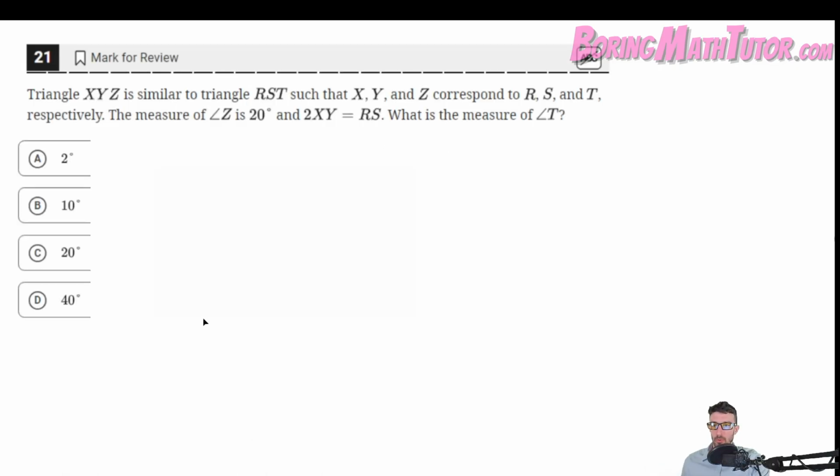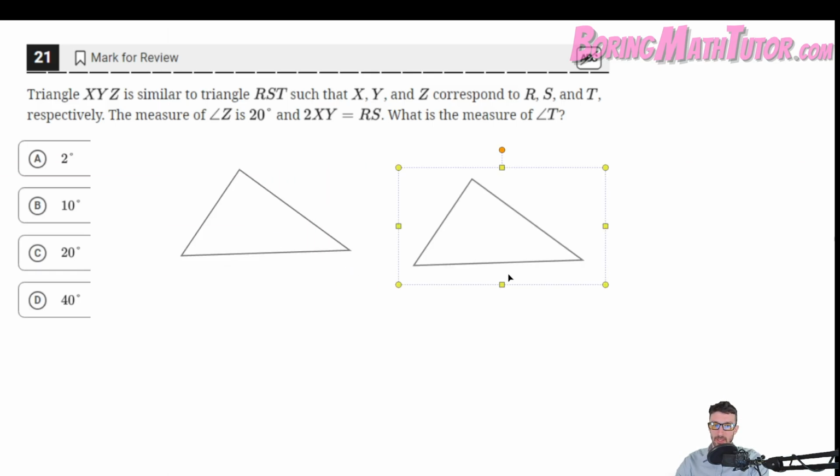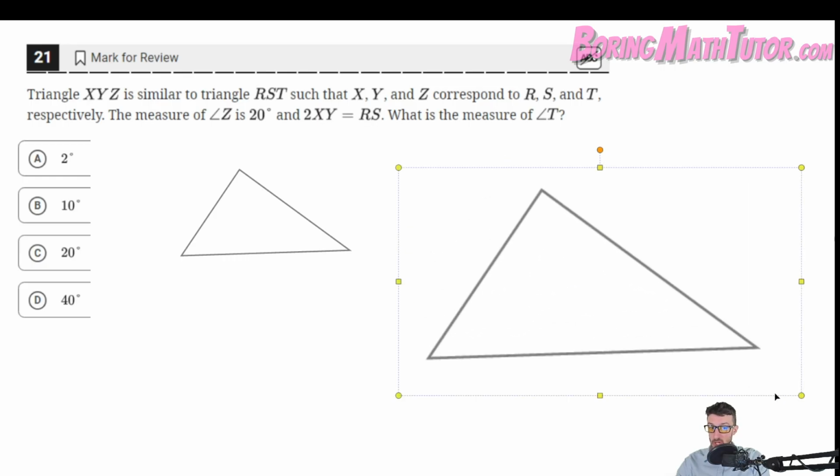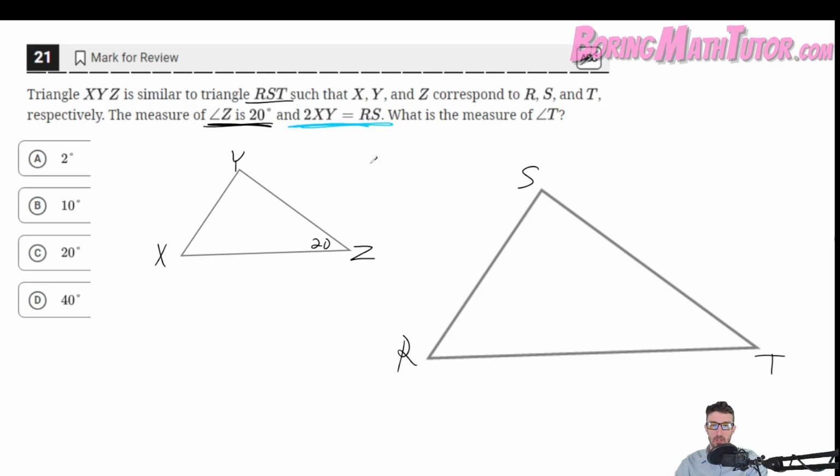Here they're saying that we have a triangle that's similar to another triangle, so let's start by making a triangle, and then let's make another one that's similar, so same shape. But then it tells us that the measure of angle Z is 20. So let's just pretend that this is X, Y, Z, and then the other one is R, S, T. And then the next fact that they give us here is 2 times XY is equal to RS.